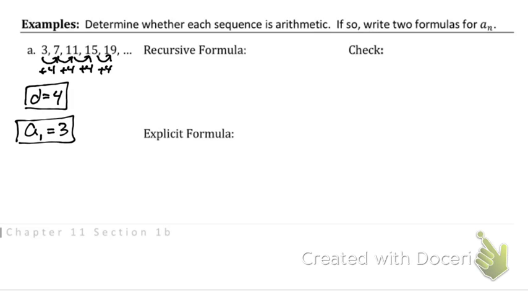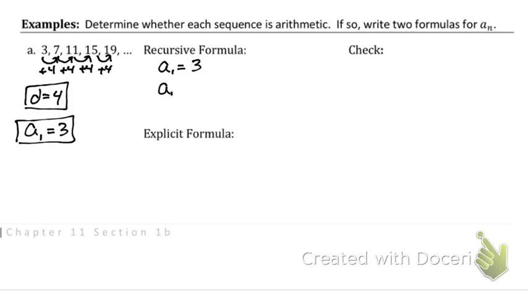For an arithmetic sequence, that's all you need. Our recursive formula is going to be a sub n equals a sub n minus 1 plus d. But before I write all that down, I'm going to first write down my starting point. A sub 1 equals 3. You need to know where your sequence starts.